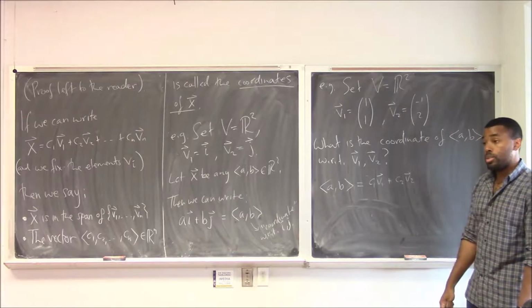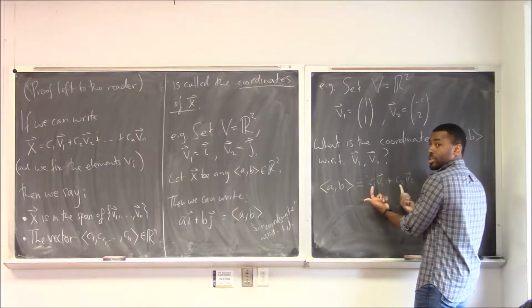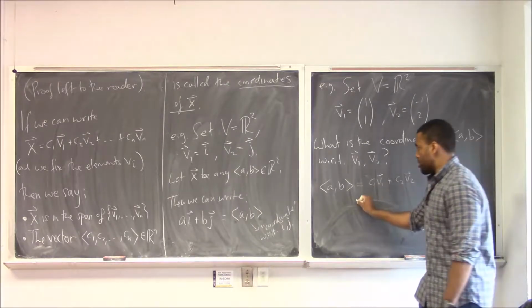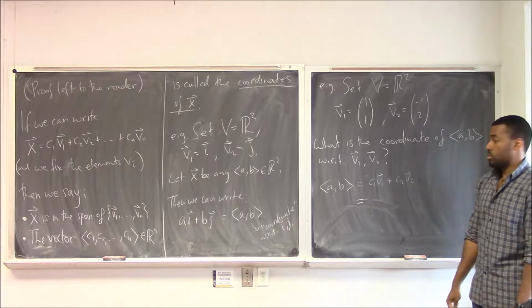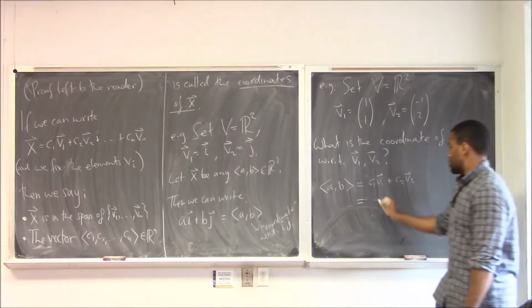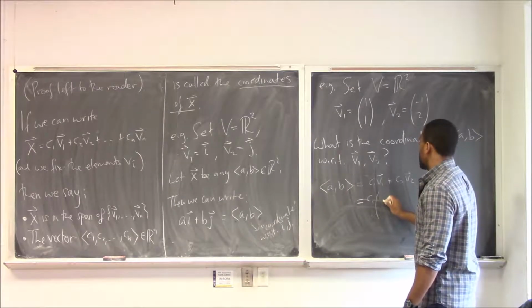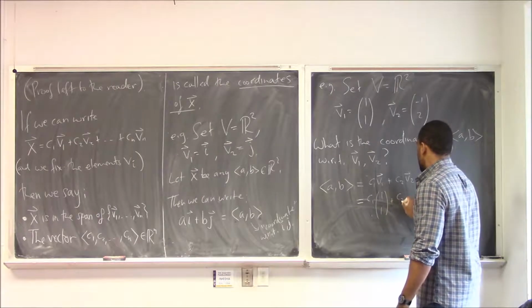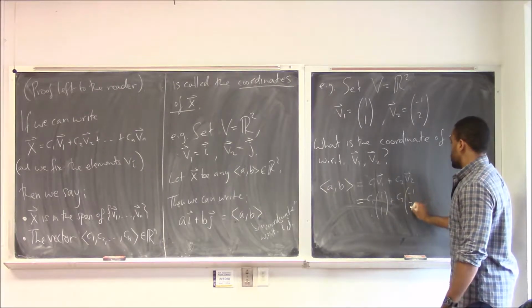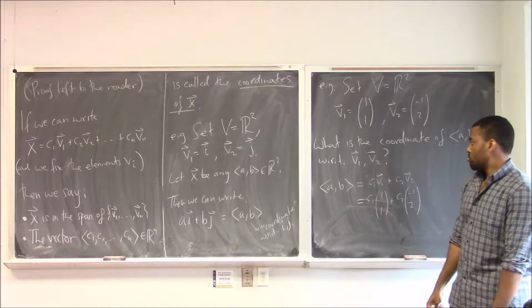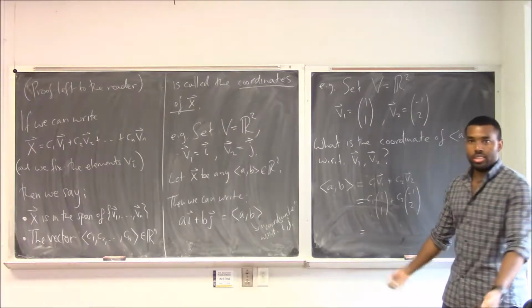So what I need to do is actually find these coordinates. How would I go about finding such coordinates? Let's start by replacing them. V1 is (1, 1). V2 is (-1, 2). It's a system of equations.